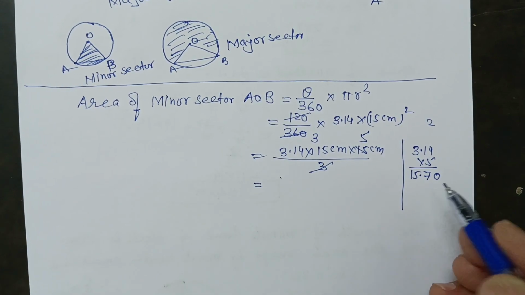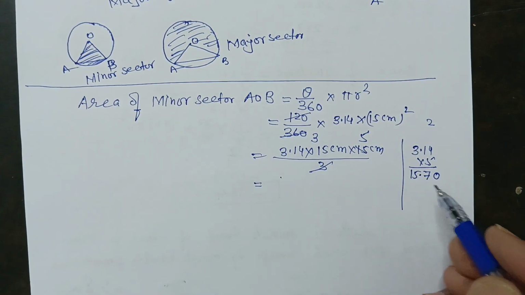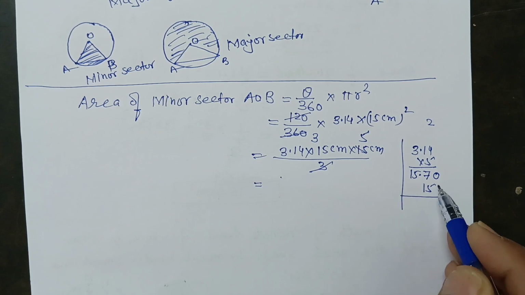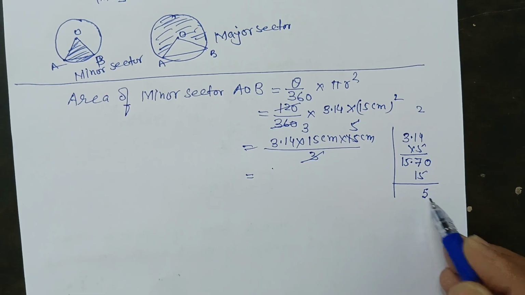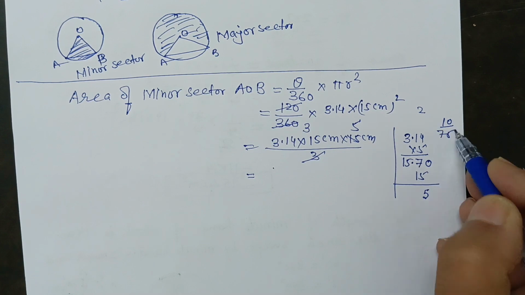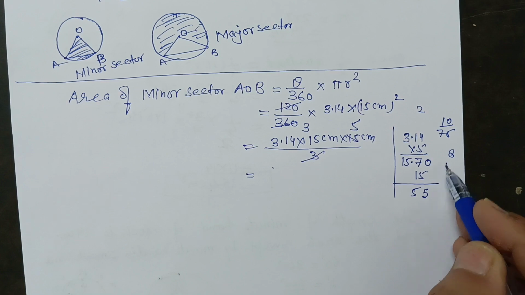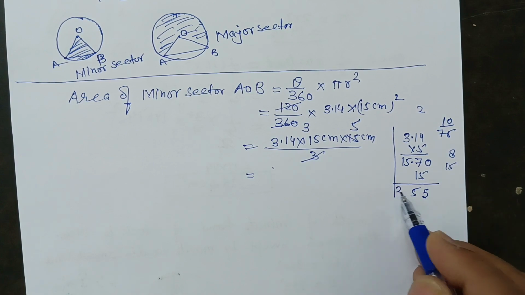Now after multiplying this by 5, multiply by 15. 15 7s are 105, carry over 10. 15 5s are 75 plus 10 is 85, carry 8. 15 1s are 15 plus 8 is 23.